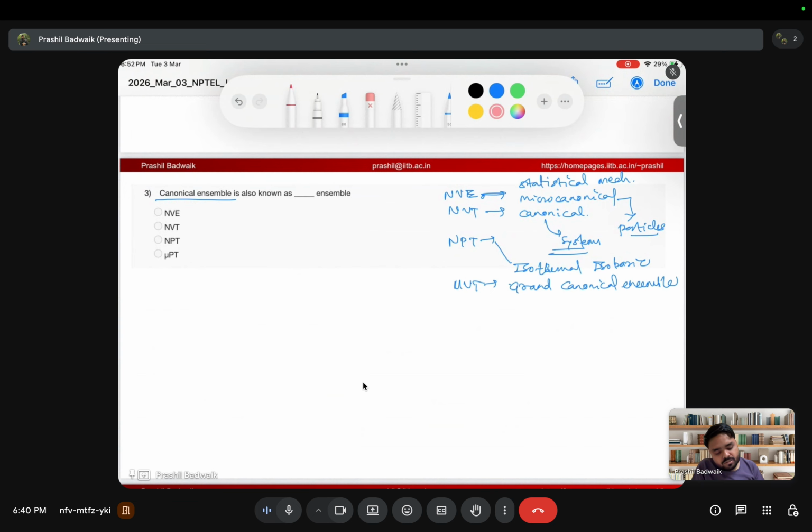So for this question we will limit ourselves to NVT, that is equal to the canonical ensemble in statistical mechanics, right? So option B is correct. Option B is correct.